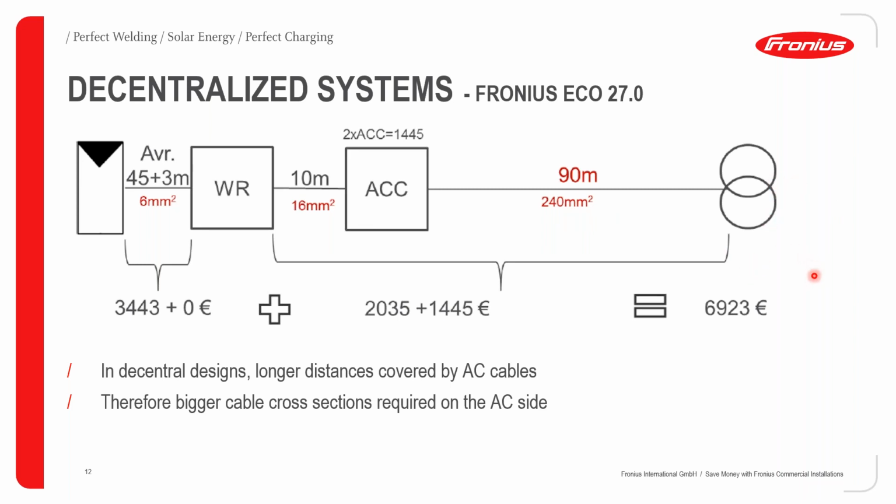And for this configuration, when you cumulatively add all the balance of system components that you require with the Fronius Eco inverter, we are coming to a figure of about 6,923 euros. So the key difference to note, of course, is that the AC cabling is much thicker in diameter.